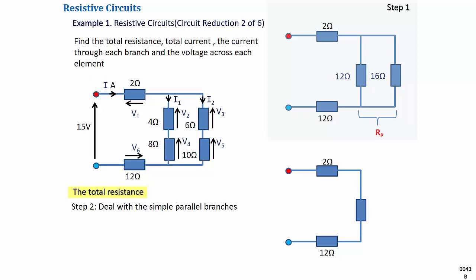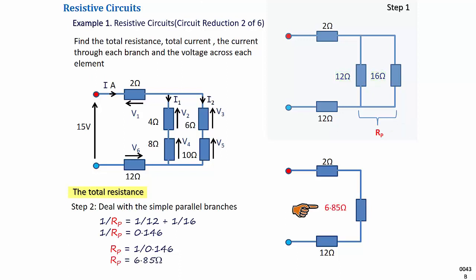Step 2. Deal with the simple parallel branches, of which there is only one, Rp. So, 1 over Rp equals 1 over 12 plus 1 over 16, which equals 0.146. Therefore, Rp equals 1 divided by 0.146, which equals 6.85 ohms.